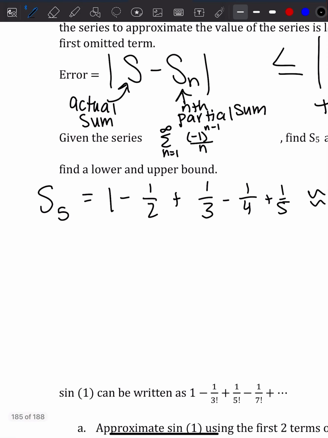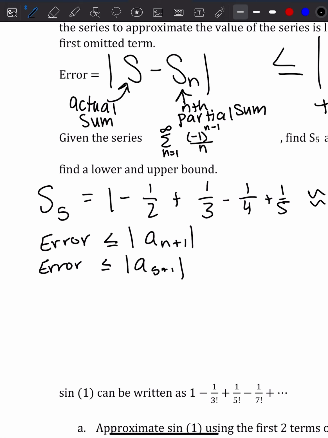So what we know is that our error is less than or equal to a sub n plus 1, that absolute value. So what that means is our n in this case is the number 5 because it's the 5th term. So our error is less than or equal to the absolute value of a sub 5 plus 1. So a sub 6.